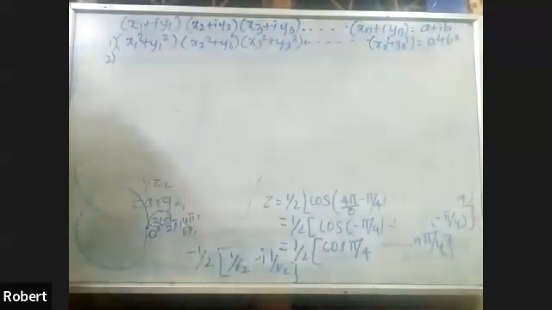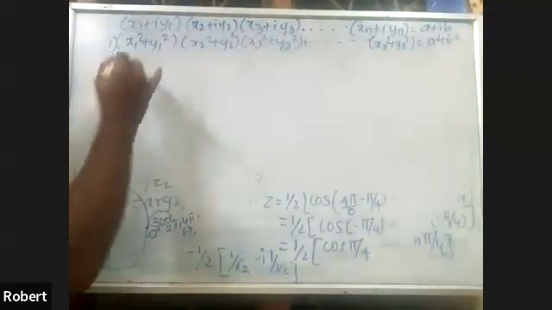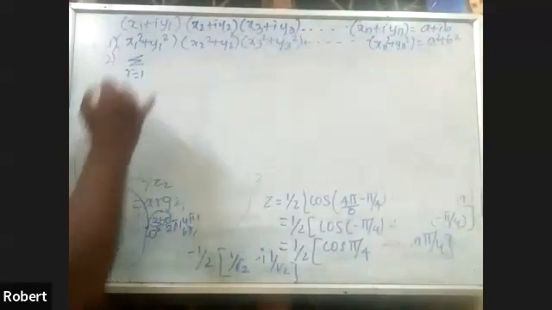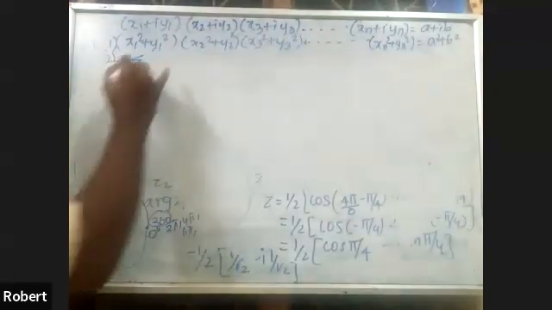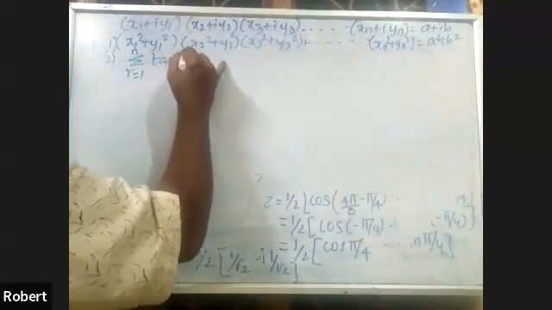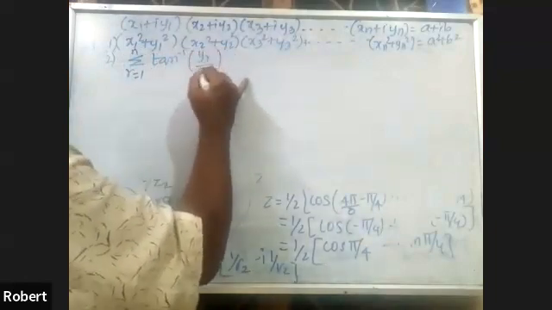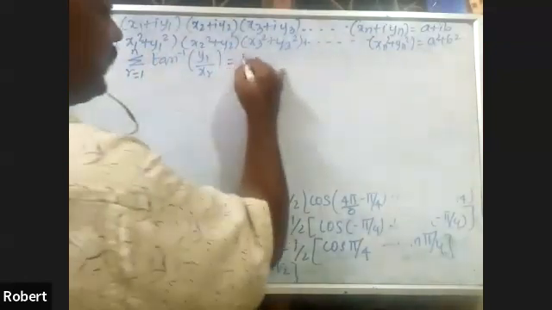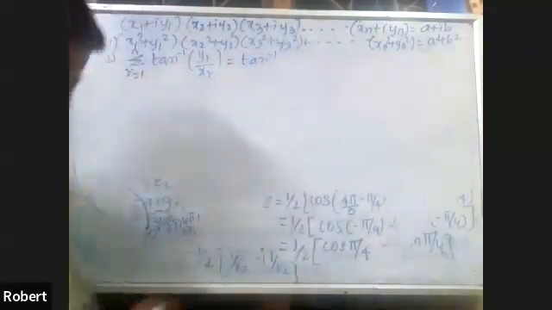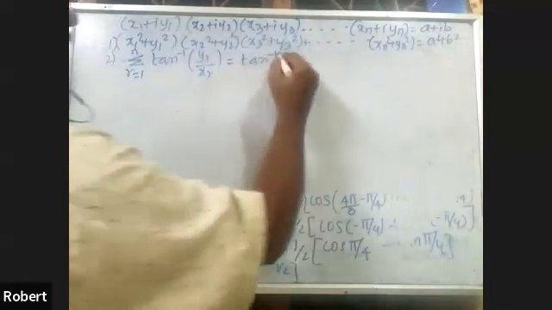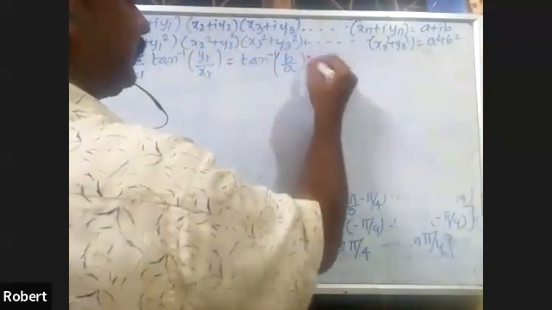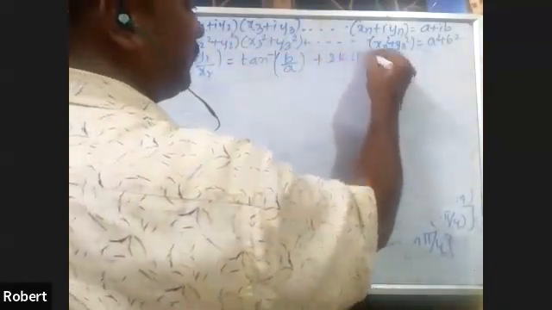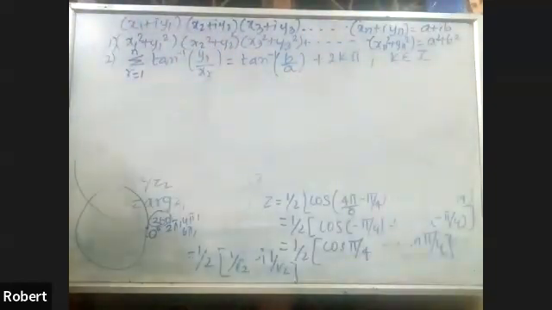In the second proof, we have to show that the summation of r equals 1 to n of tan inverse of yr by xr is equal to tan inverse of b by a plus 2k pi, where k is any integer.